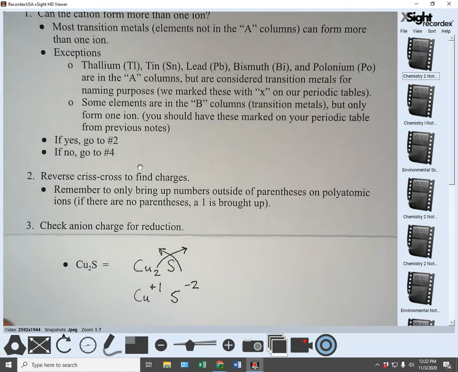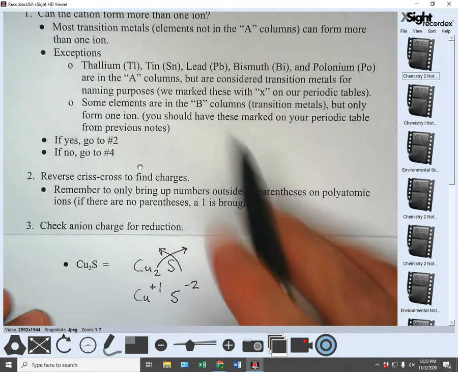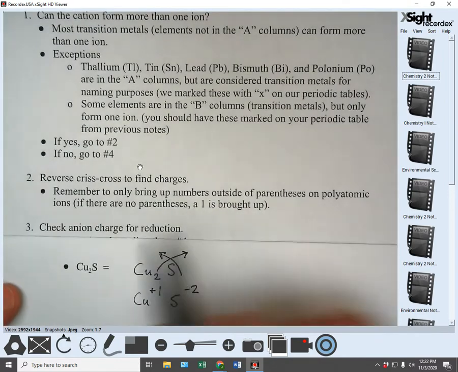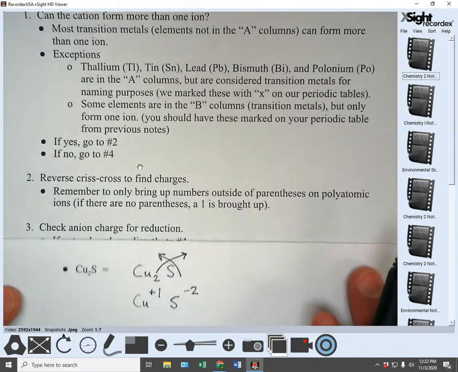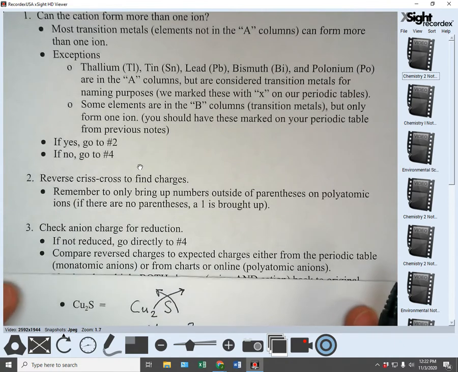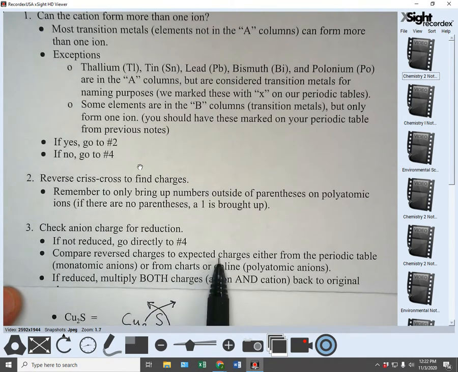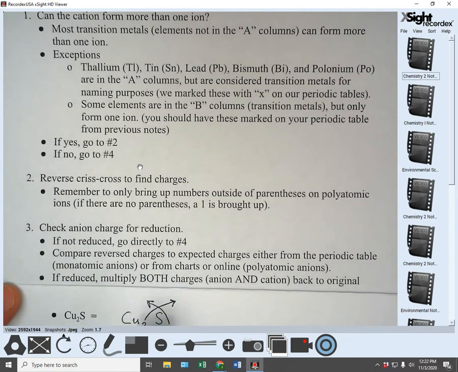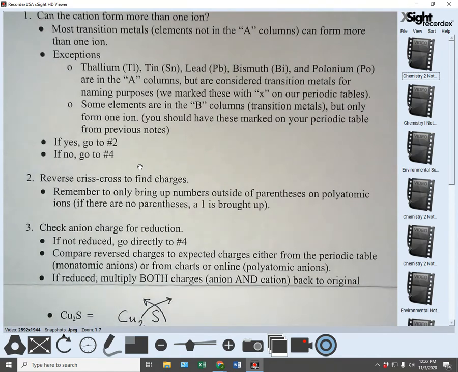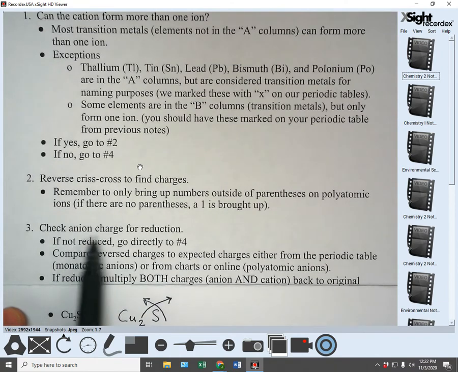Okay. Then, step number 3, check the anion charge for reduction. The way we do this is we compare the reverse charges to the expected charges either from the periodic table for monatomic anions or from charts or online for the polyatomic anions. So we're looking at the anion, the negative thing.